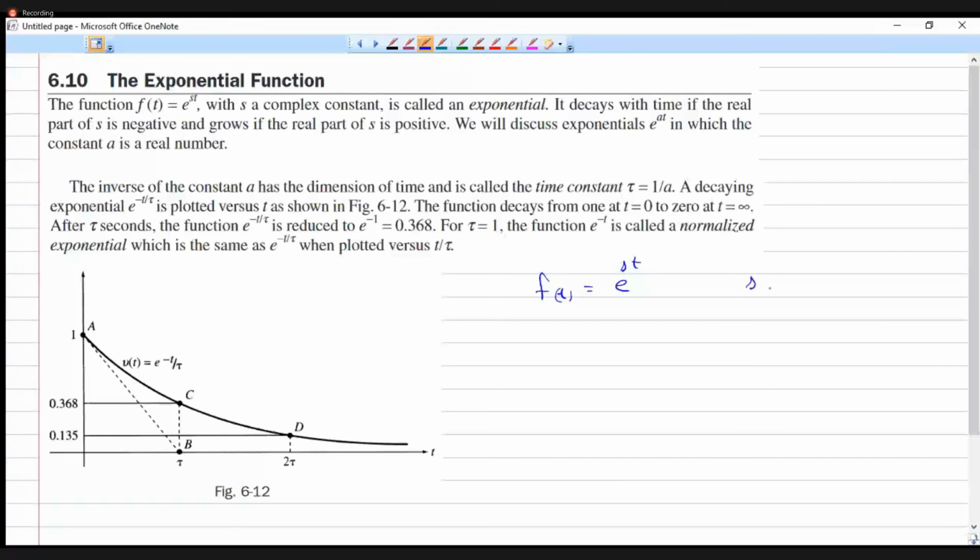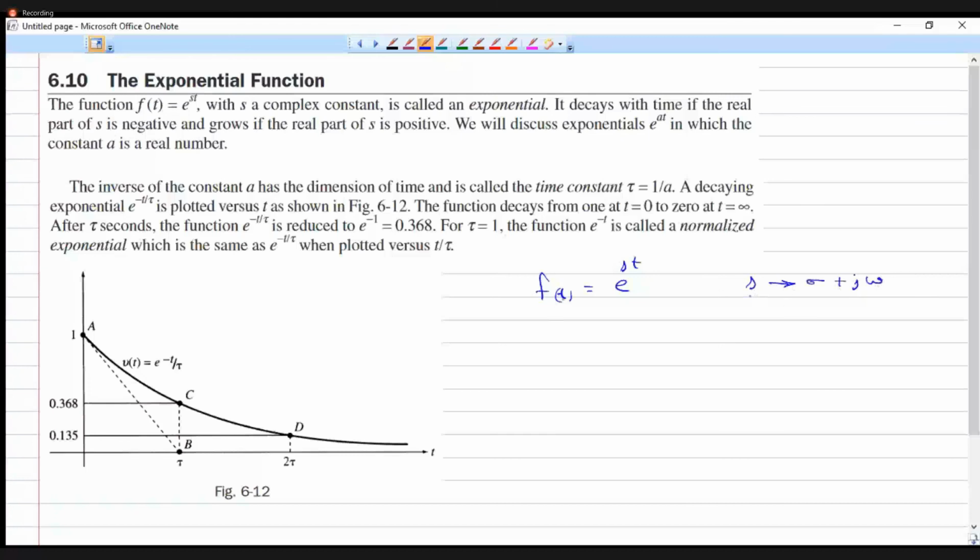Later, maybe in today's evening class, I will tell you what is the significance of this. It is actually a complex quantity which could be written as s is equal to sigma plus j omega, which we will see in the Laplace domain, or when we see the Laplace transforms.